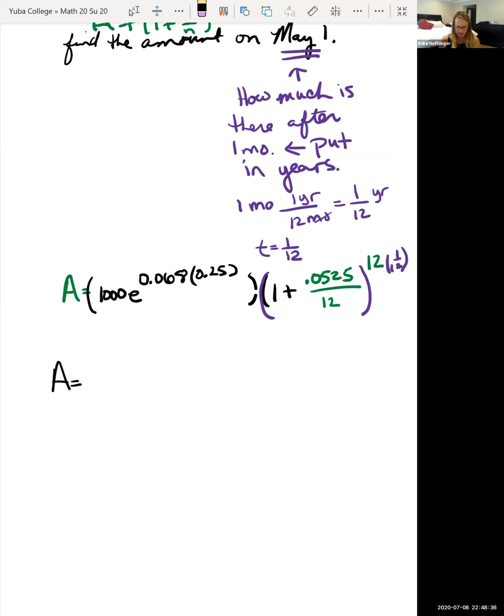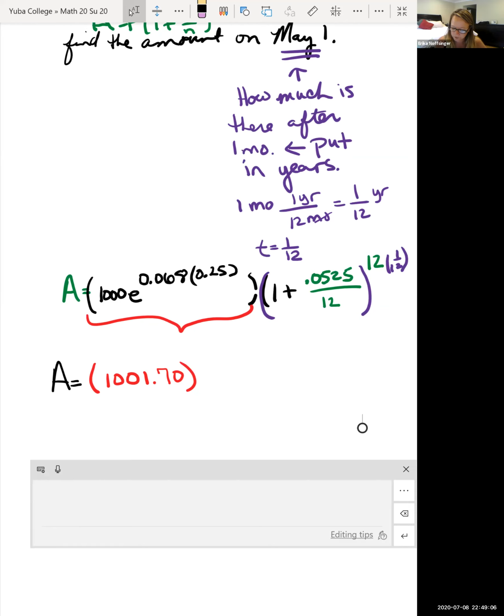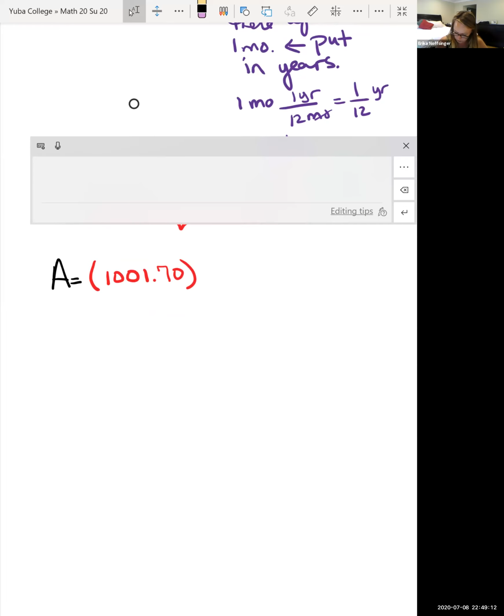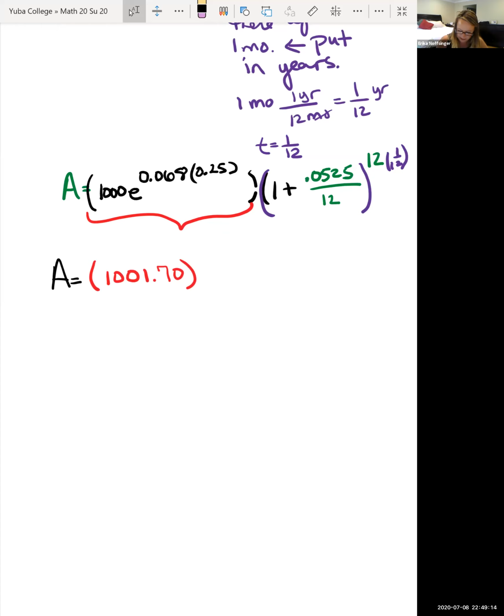If I multiply that answer by 1,000, this first piece is $1,001.70. Why would we want to invest that just to get back $1.70? Okay, anyways. That is all times this piece in here.